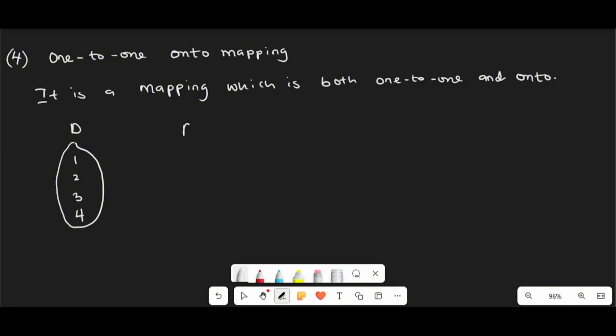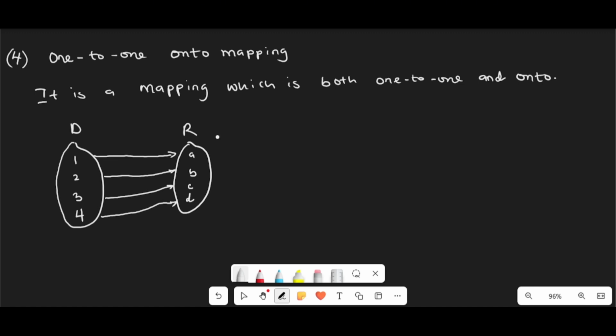Our range is A, B, C, D. Now 1 is mapped with A, 2 is mapped with B, 3 is mapped with C, and 4 is mapped with D. This example is one-to-one onto mapping.